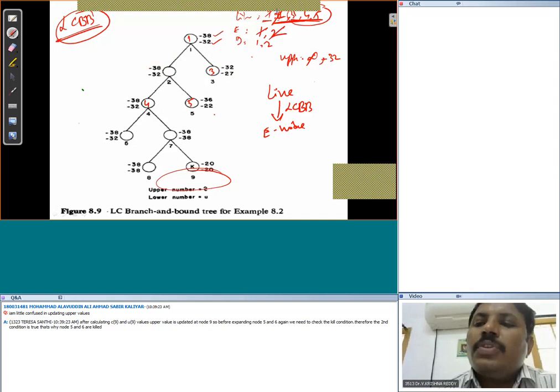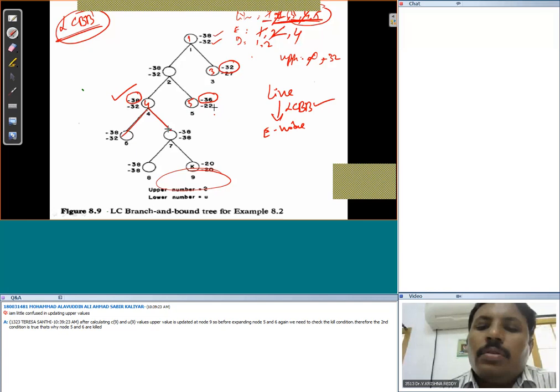Based on their cost values, 38, 36, 32, using the cost functions C cap of 3, C cap of 4, C cap of 5, which is the least cost? 38 is the least cost. That's why out of 3, 4, 5, node 4 is selected for the next expansion.